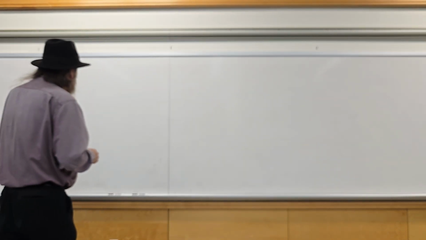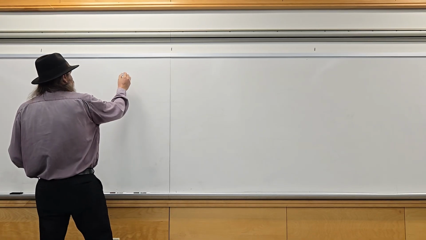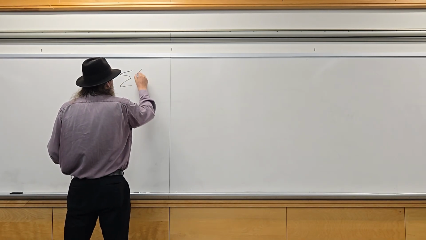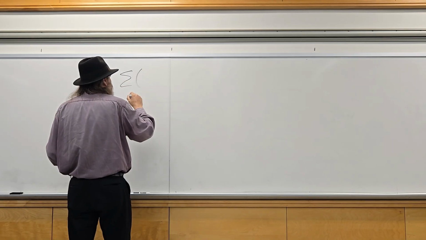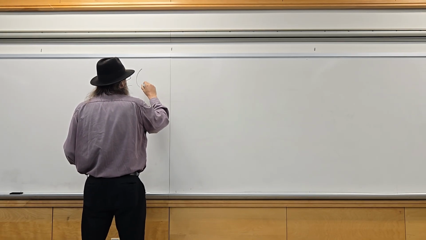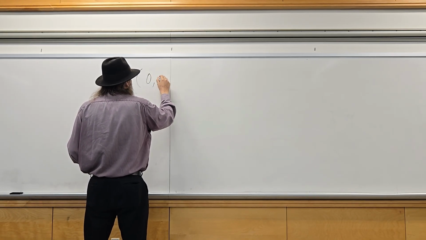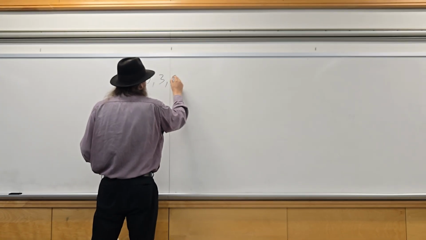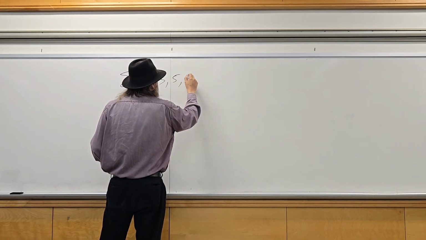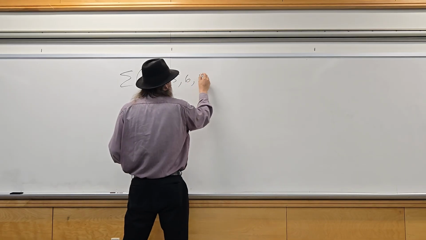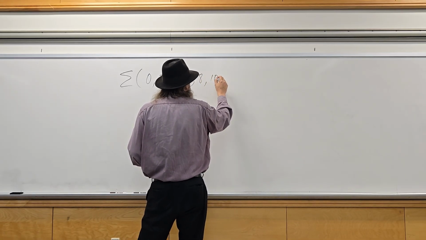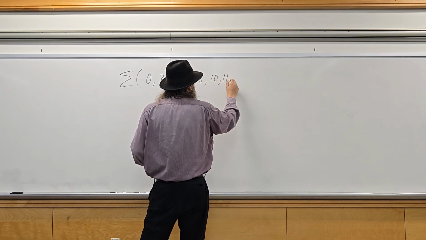All right. How I did some of the homework, if you've looked at it, is give an expression in the form of a summation of, say, 0, 3, 5, 6, 8, 10, 11, 12.